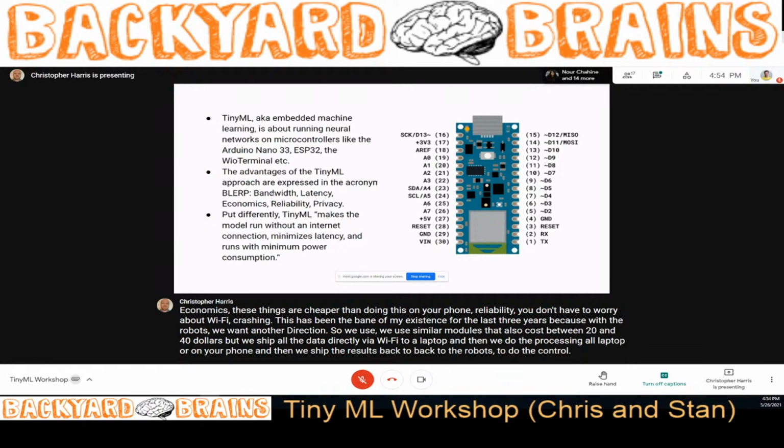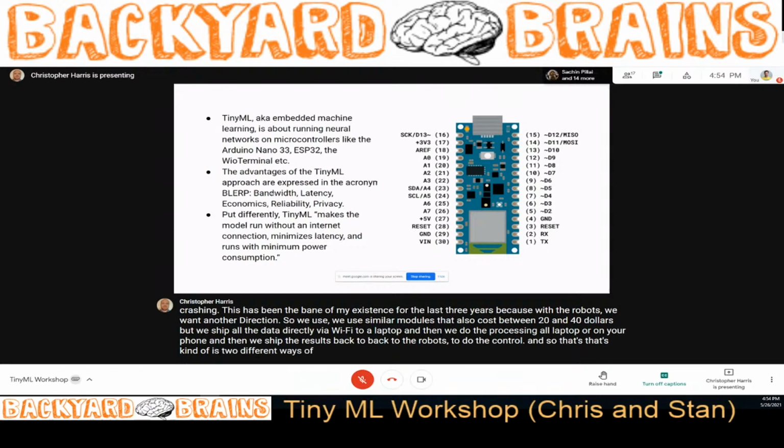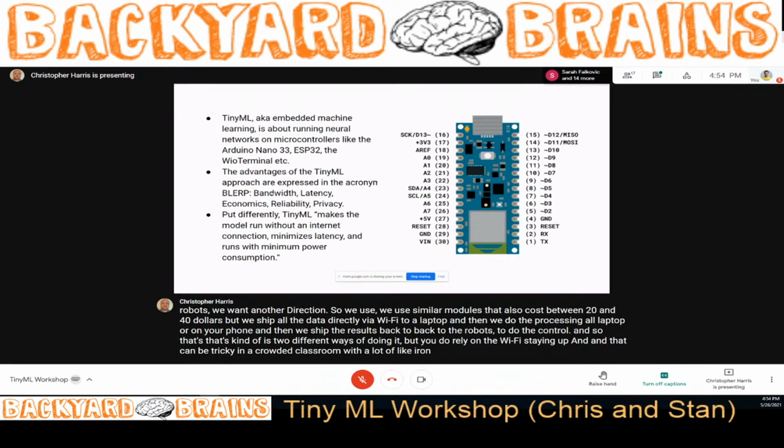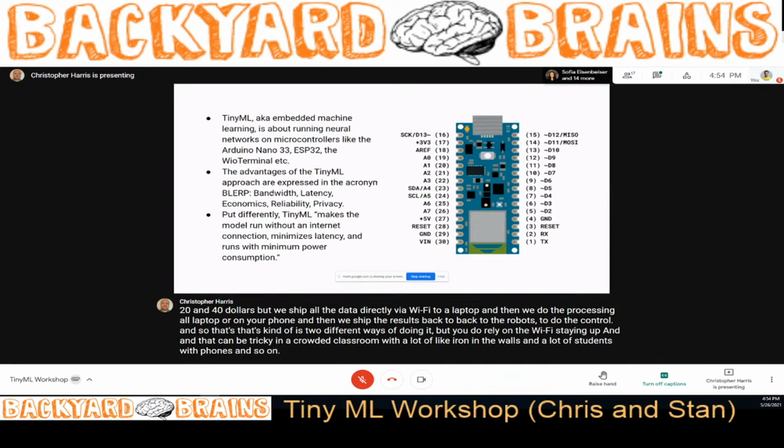So that's two different ways of doing it, but you do rely on the Wi-Fi staying up, and that can be tricky in a crowded classroom with a lot of iron in the walls and a lot of students with phones and so on. So that's another benefit. This one just runs.